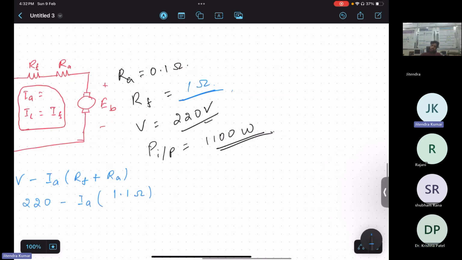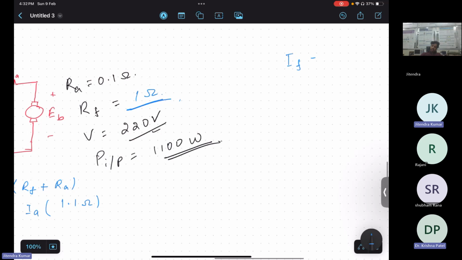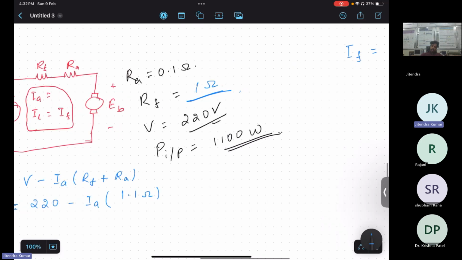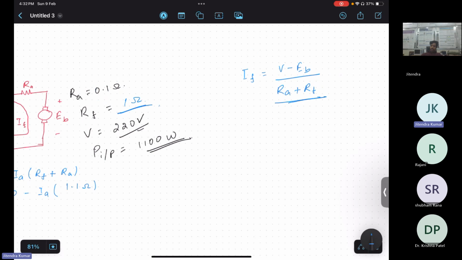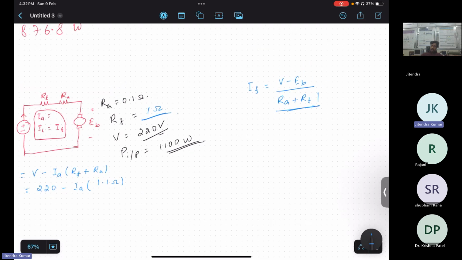So IF is nothing but the same as IA, which is nothing but V minus EB by RA plus RF. Okay, so when RF is very small, RA itself is very small, right? RA is in the order of 0.1 to 0.2 ohm, and RF is also very small.